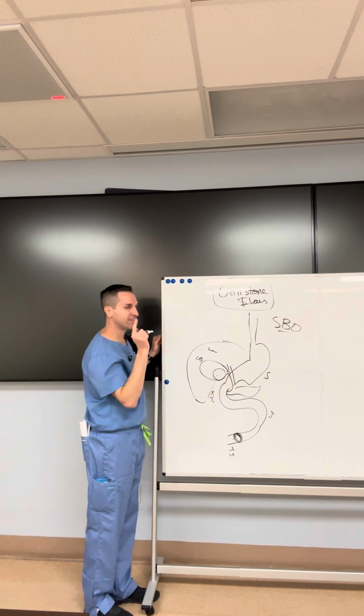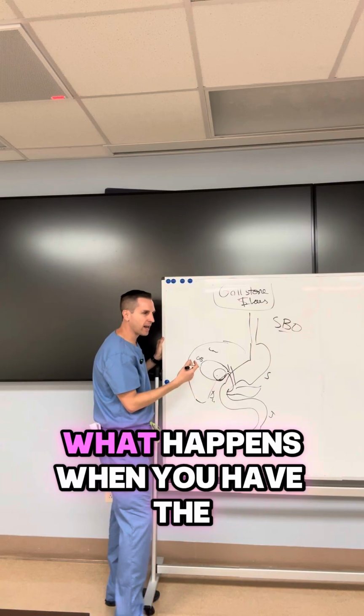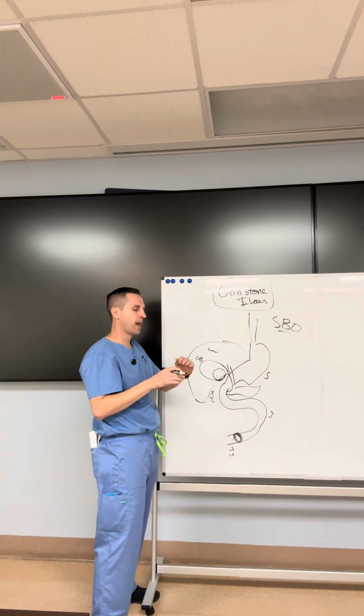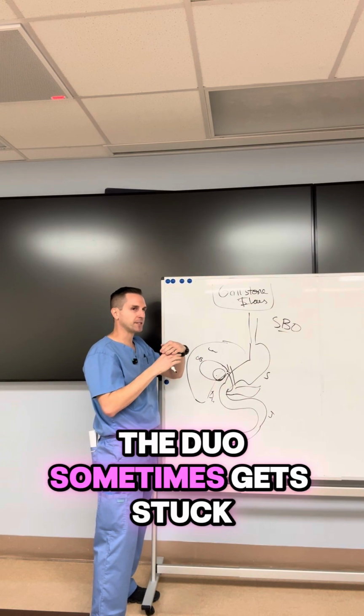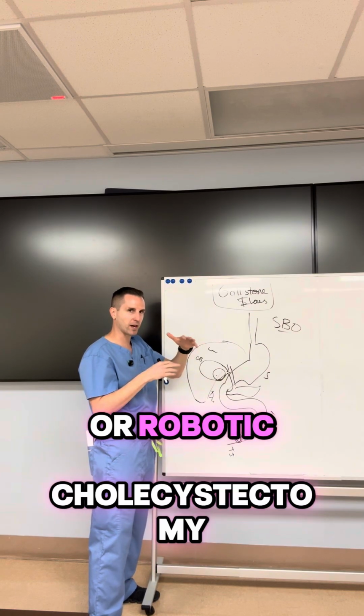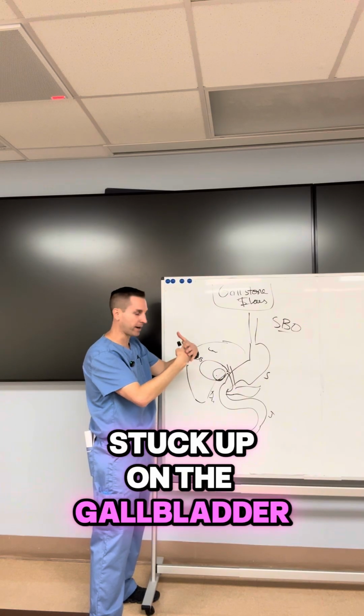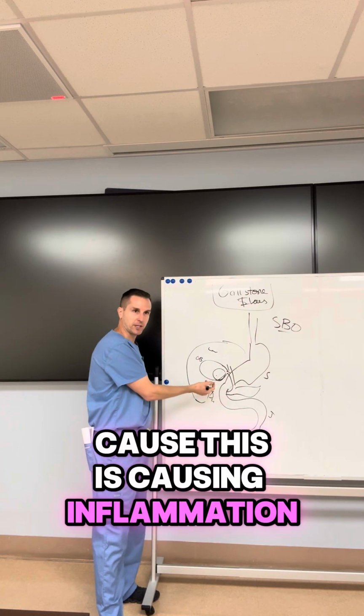It could have eroded through the wall. This was such a big stone, and this is what happens. When you have a big stone, the duodenum sometimes gets stuck. I don't know if you guys have seen a laparoscopic or robotic cholecystectomy where the duodenum is stuck up on the gallbladder. This is causing inflammation of the gallbladder.